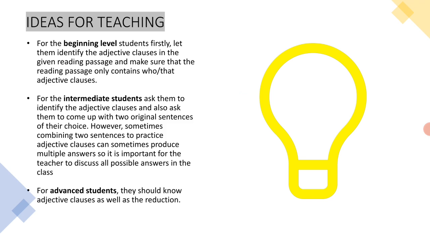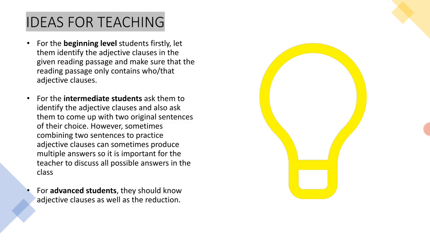But if you are teaching intermediate students, then your students must be familiar with the concept of adjective clauses. So what you need to do is ask them to come up with two different original sentences and then ask them to practice how to combine them.